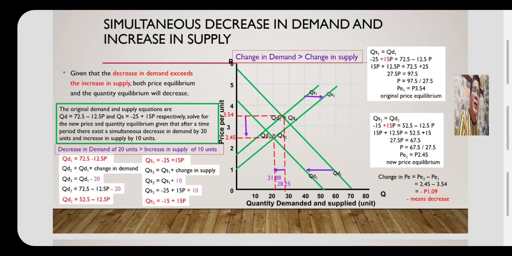So there is a decrease in price equilibrium by 1.09 pesos, and this is because of the greater influence of the decrease in demand.